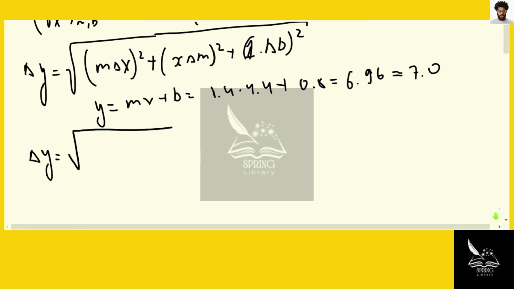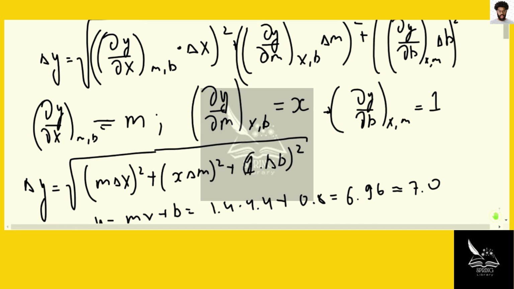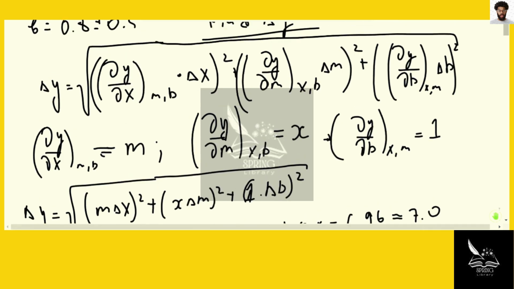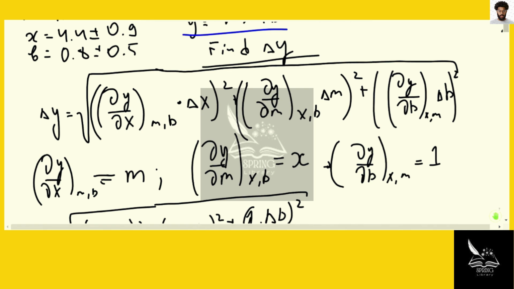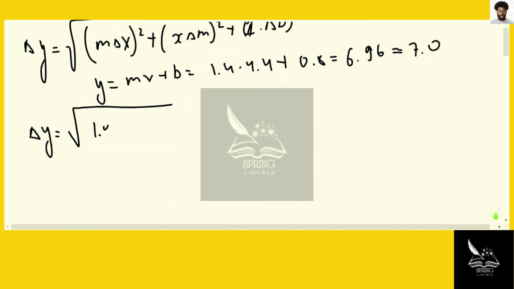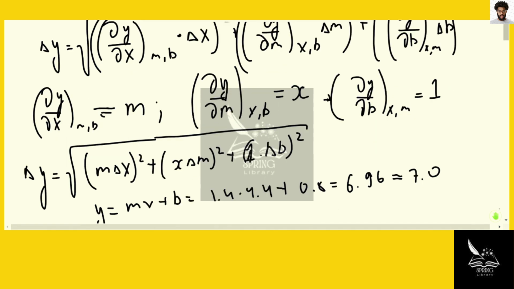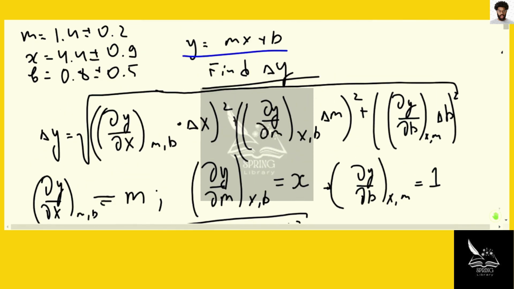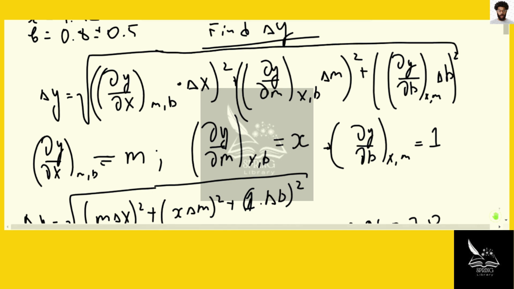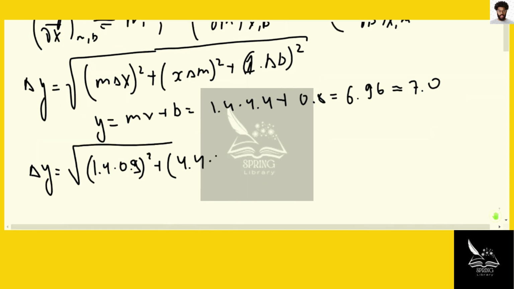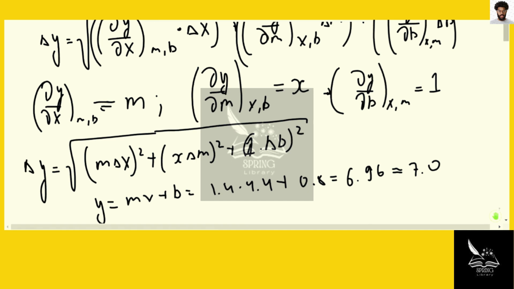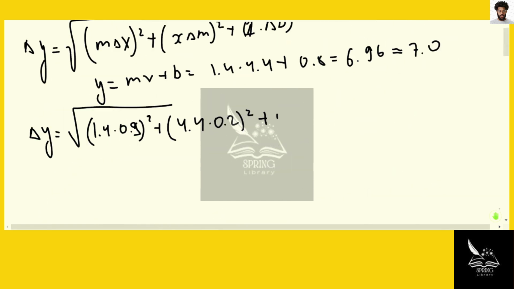So it equals m multiplied by delta x, which is 1.4 multiplied by 0.9, all squared, plus the second component, which is x multiplied by delta m, which is 4.4 multiplied by 0.2, squared, plus delta b squared, which is 0.5 squared.